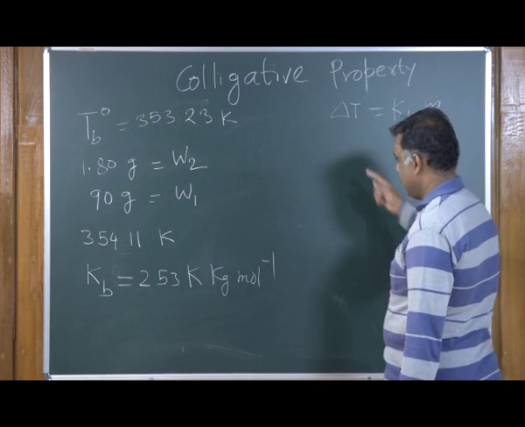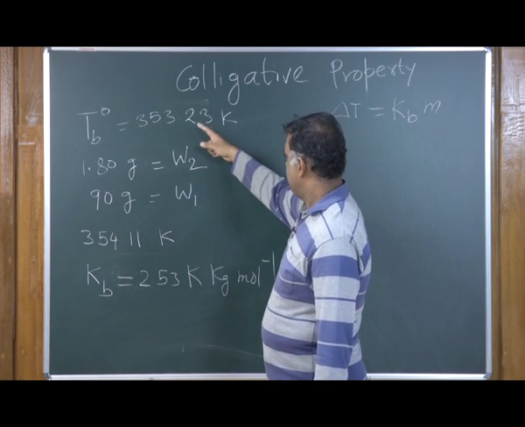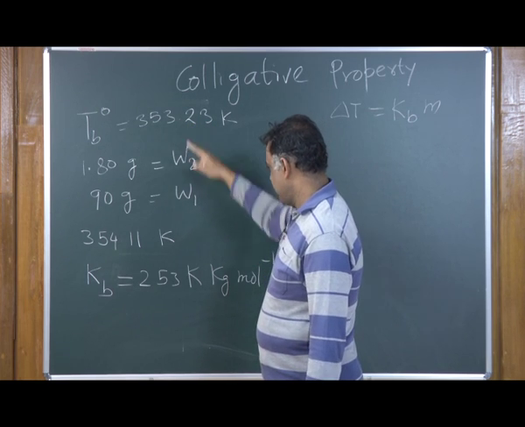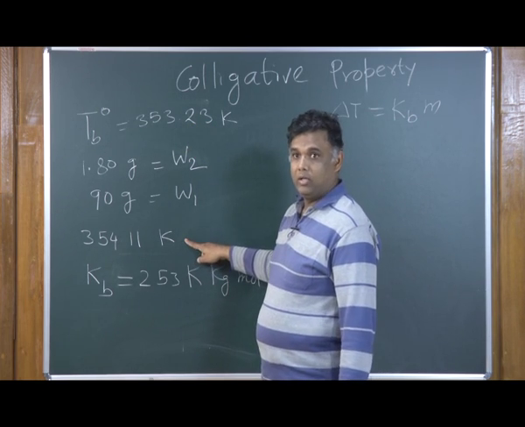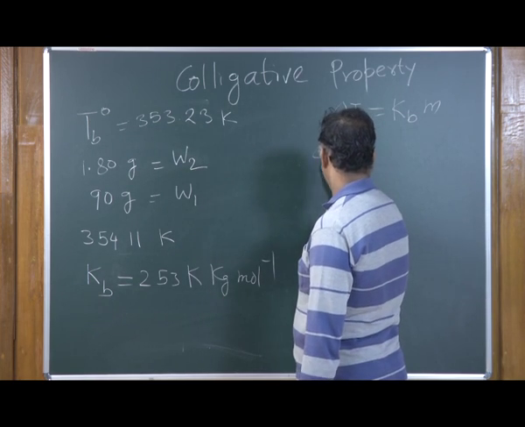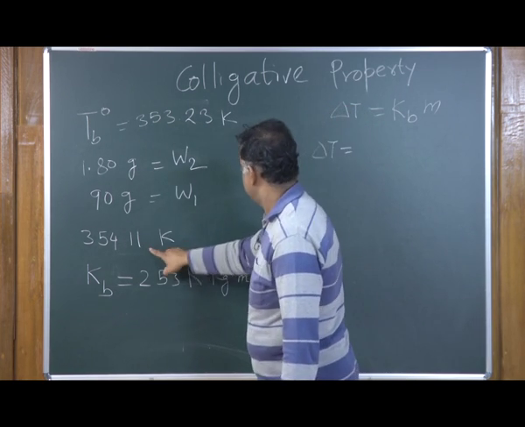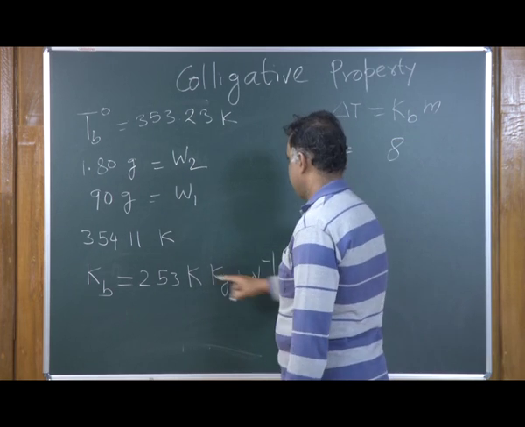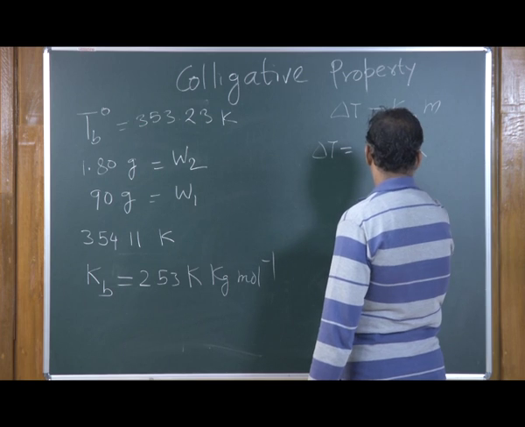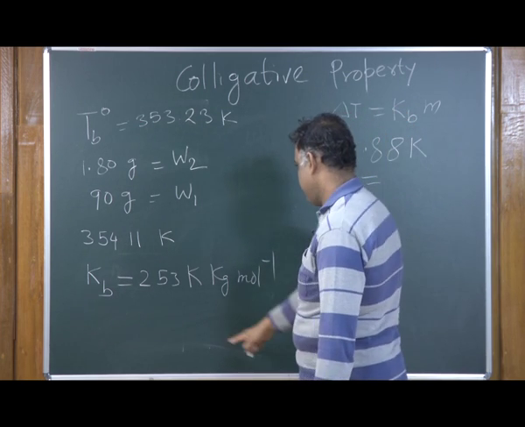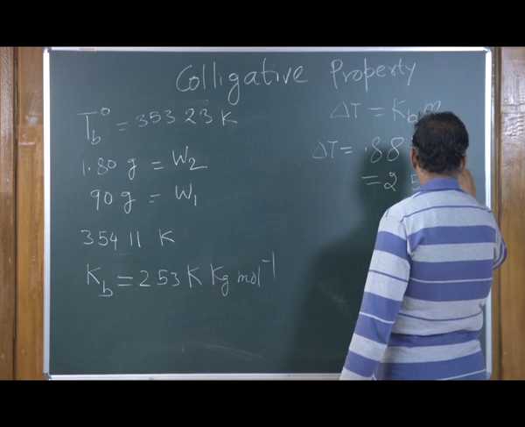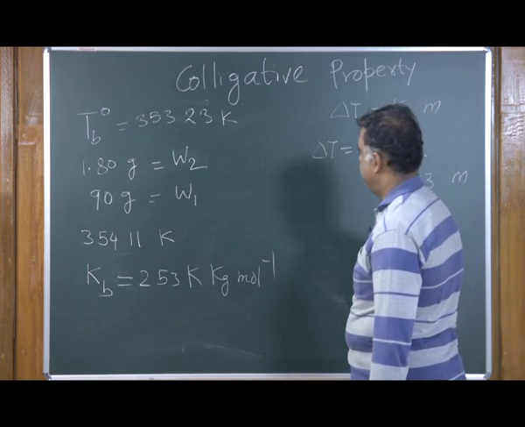Okay. Let us see, delta T is already given, that is we are given the boiling point of the pure solvent, this is the boiling point of the solution. So, delta T would be simply the difference, which is 0.88 Kelvin, which is equal to Kb. Kb is also given, 2.53, multiplied by molality.